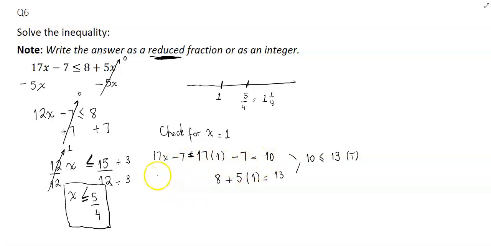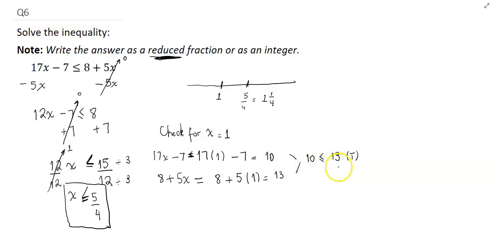The right side of my whole inequality is the expression that exists on the right side of the inequality. I replace x with 1, and I get the number 13. And this whole inequality says that the value on the left must be smaller than the one on the right.